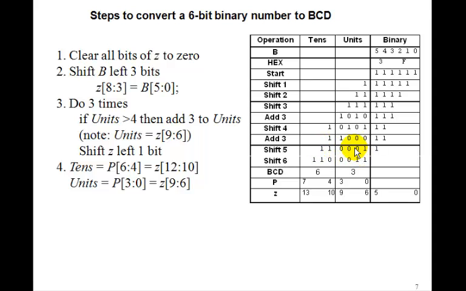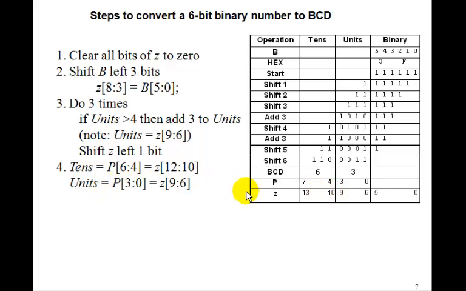Well, 1 is less than 4, so we don't add anything. 3 is less than 4, so we don't add anything. So we just do 1 more shift. That's our third shift. And we end up with 1, 1, 0, which is 6, and 0, 0, 1, 1, which is 3. So when we're done, the tens value, 6 down to 4, is just equal to Z 13 down to 10.